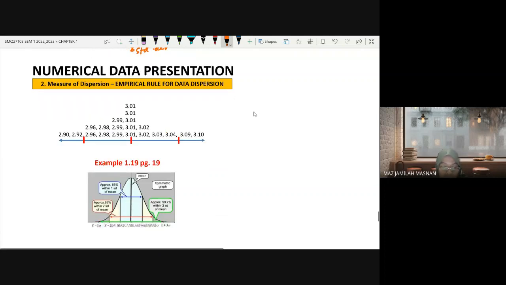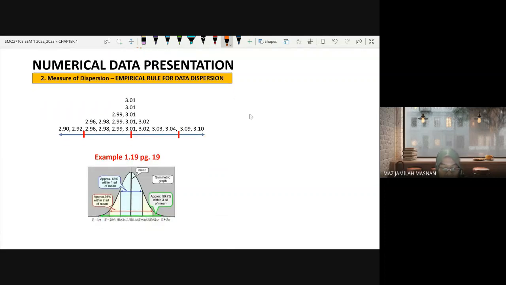If you use again your x bar and your standard deviation, then for 1 standard deviation, that will be x bar plus minus 1s. 2 standard deviation, x bar plus minus 2s. 3 standard deviation, x bar plus minus 3s.